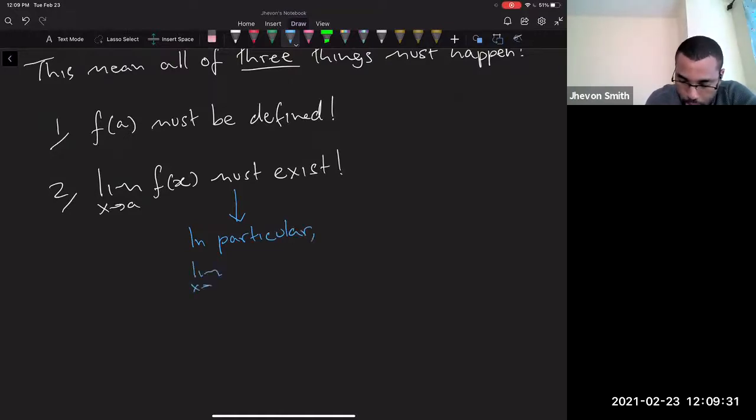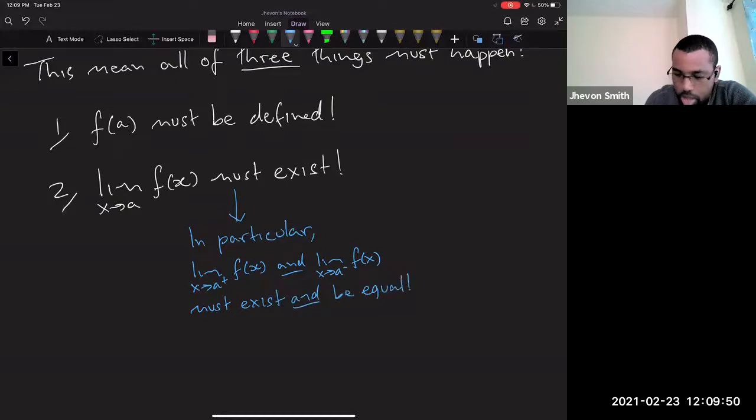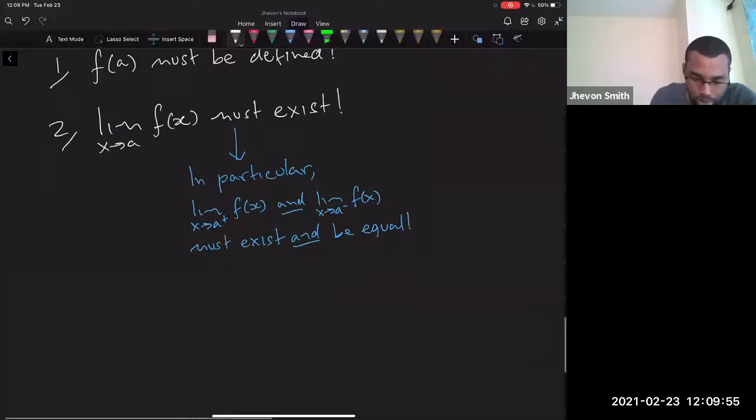Limit as x approaches a from the right of f of x, and limit as x approaches a from the left of f of x must exist and be equal, right? So that has to happen, right? So that's the second thing, right? Now the third thing is that the values in 1 and 2 must also be equal to each other.